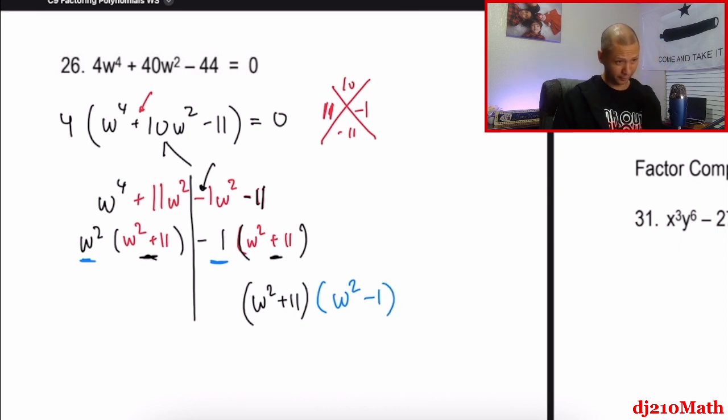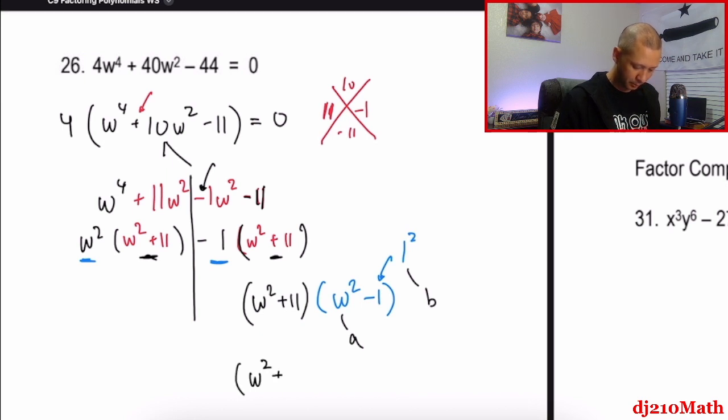And this is the difference of squares, right? 1 can be thought of as 1 squared. So that's our b, and our a is w. So put it all together: w squared plus 11, and a minus b, a plus b, so w minus 1, w plus 1.